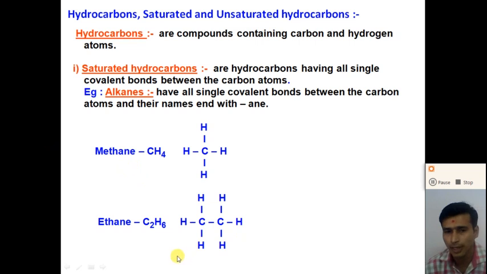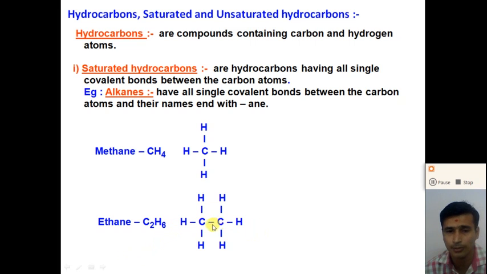Similarly, 2 carbon atoms join with 6 hydrogen atoms, right? This carbon atom joins with the other carbon atom, and the other 3 valencies of the first carbon join with hydrogen. The other 3 valencies of the second carbon are also joined with hydrogen. So C2H6, right?